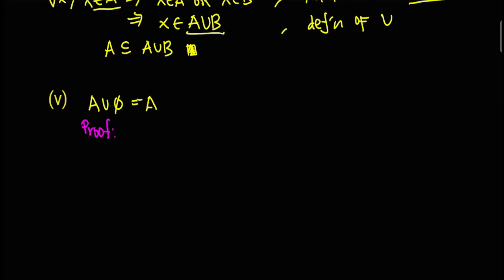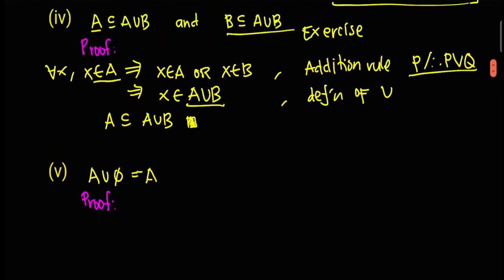Remember again by our previous statement, A is always a subset of the union including A. So whenever the union includes A, then A is a subset of that union. So from this, we can easily see that A is a subset of A union empty set.